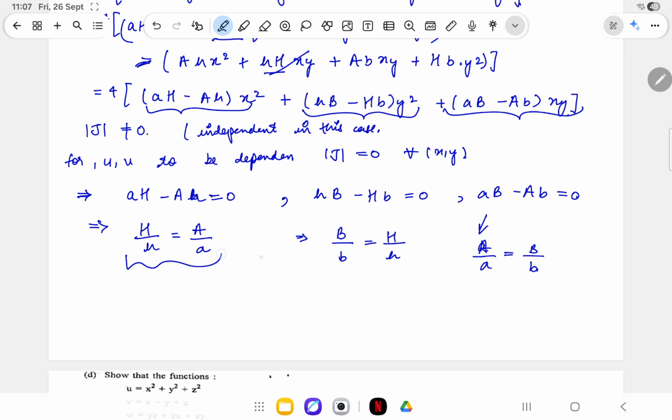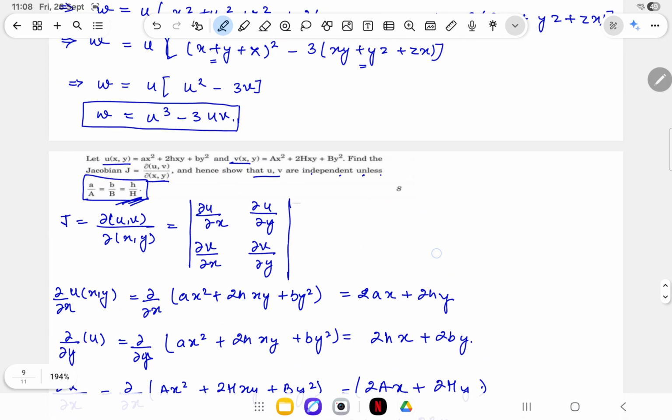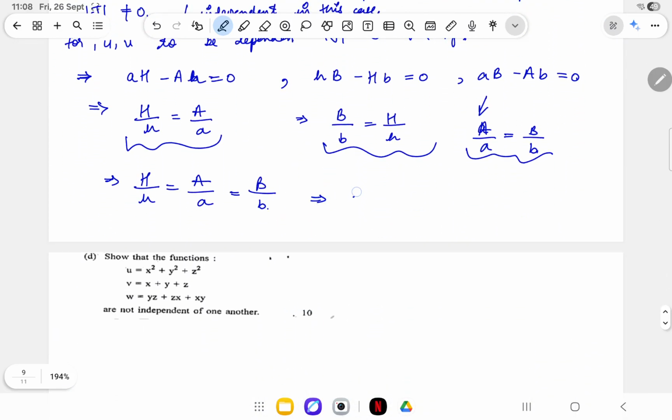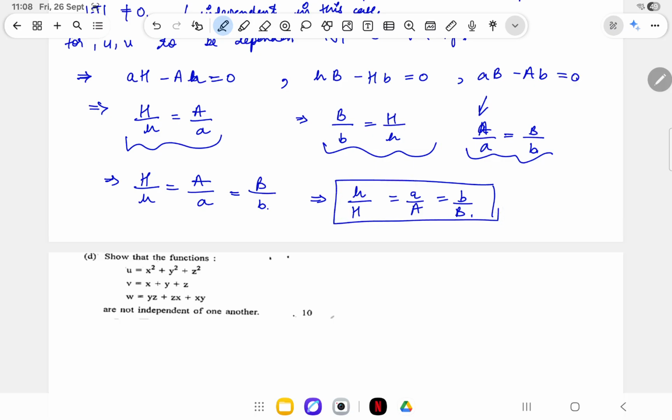And using these three relations, I can say that capital H by small h is equal to capital A by small a is equal to capital B by small b. Now let's see what relation we are supposed to prove. So we are supposed to prove its inverse. So if this holds, then this must also hold: h by capital H equals a by capital A equals b by capital B. So this is the relation that we were supposed to prove.